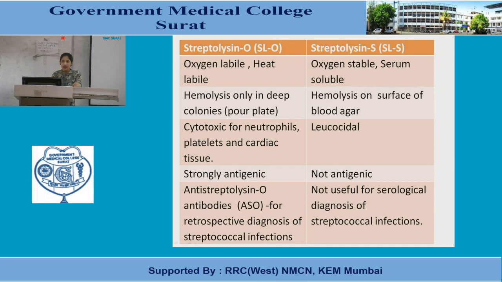Streptolysin S is not antigenic and is soluble in serum, so it is not used for the serological test, the ASO test. The anti-streptolysin O antibody test is a serological test used for the diagnosis of streptococcal infection, and streptolysin S is not useful for the diagnosis of streptococcal infection.